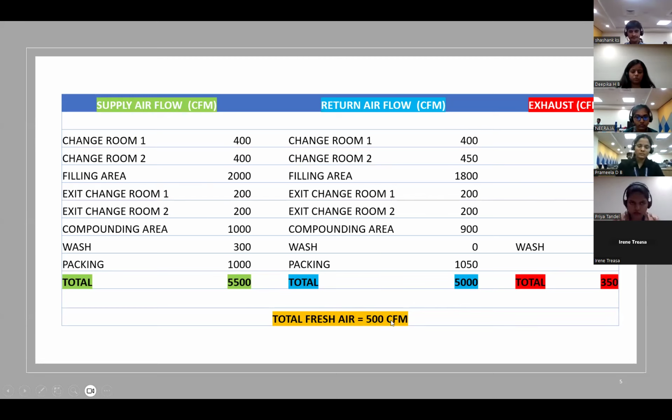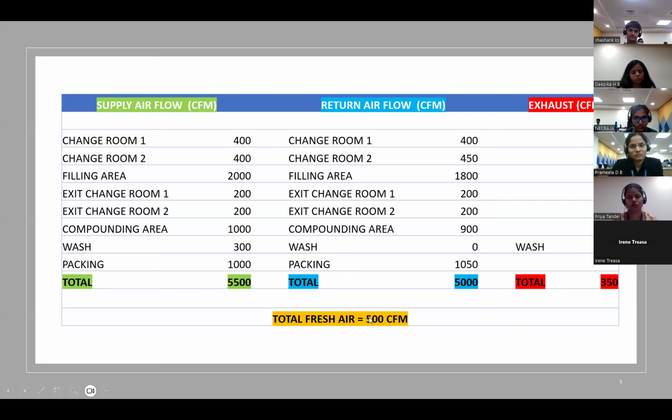What will happen if my exhaust is more? Then my fresh air value will also increase, right? Yes. At that particular time, the fresh air value into the system will increase. Thereby, you will be achieving a better indoor air quality. At the same time, there will be wastage of energy.